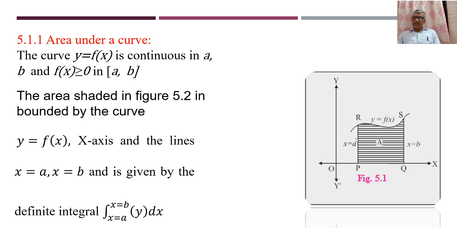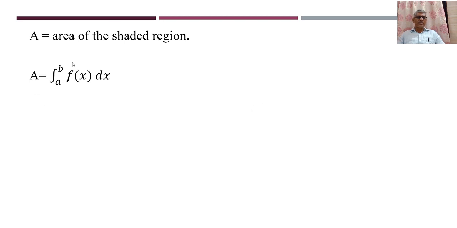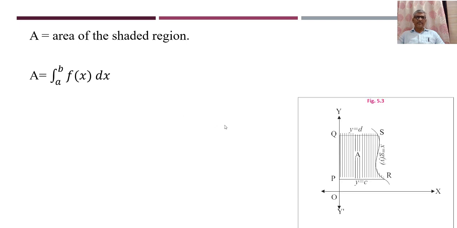Integration with lower limit x equal to a and upper limit x equal to b of y dx, where y is the function f of x. The area A is the area of the shaded region. So A equal to integration to the limit a to b f of x dx.